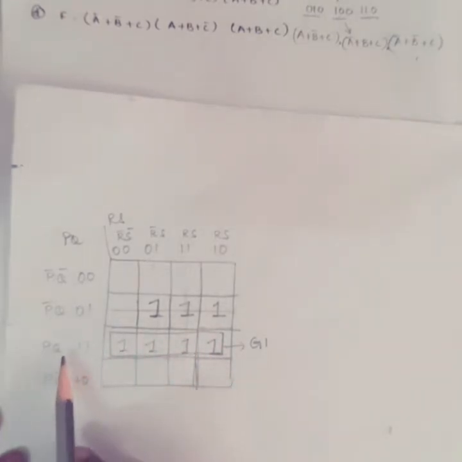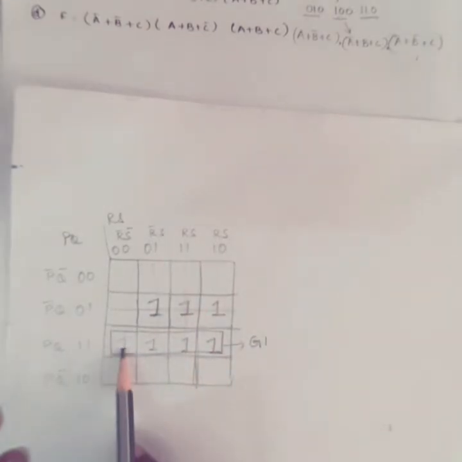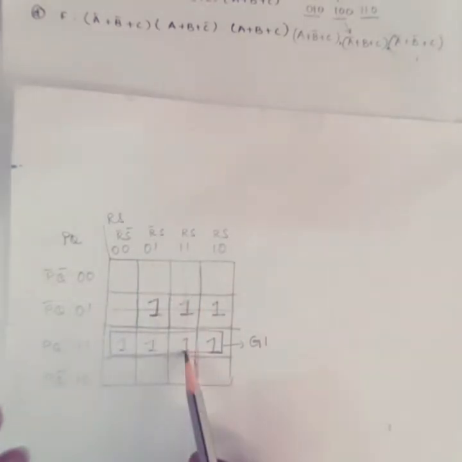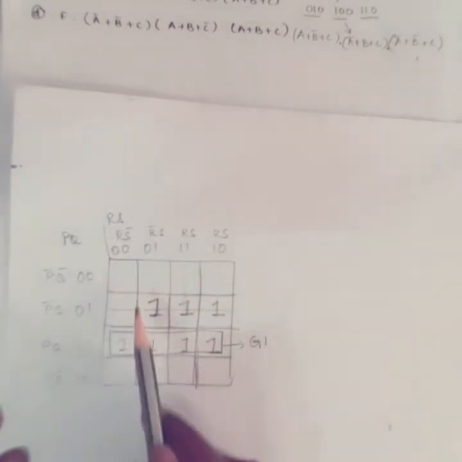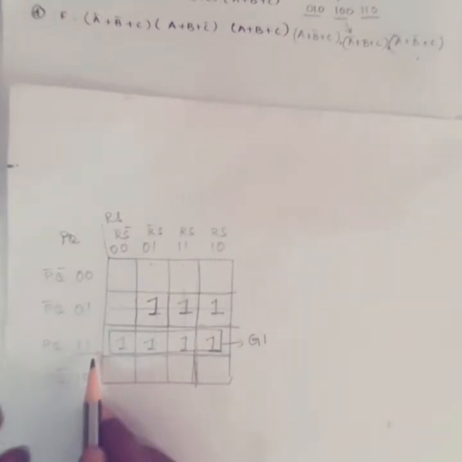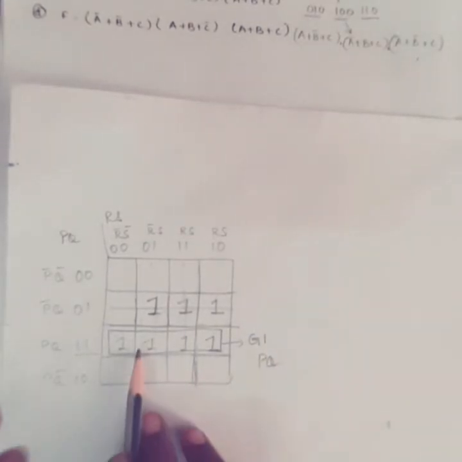Here P and Q only are constant, because R and S change their values in this group: in the first column S is 0, in the second column S is 1. Similarly, in the third column R is 1 and in the first column R is 0. So in this group only P and Q are constants and both are 1. So the corresponding term is PQ. You have to write the corresponding min term for each group.